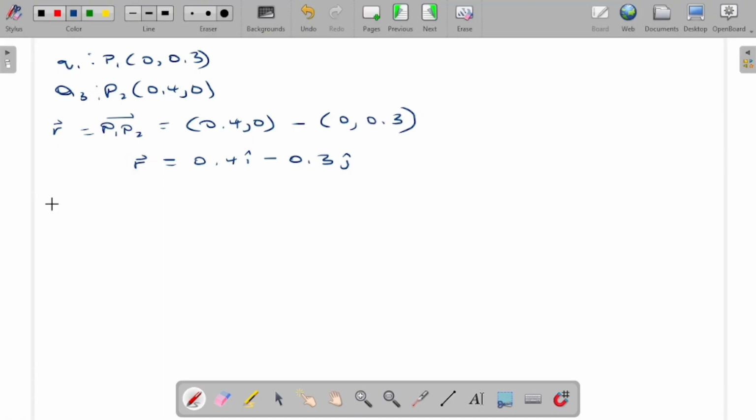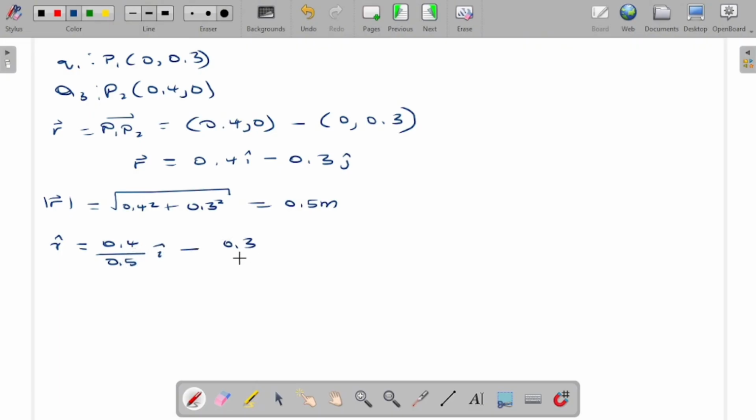So this is our vector. The magnitude, I believe, is going to be the same: 0.4 squared plus 0.3 squared, 0.5. The unit vector is going to be 0.4 over 0.5 i hat minus 0.3 over 0.5 j hat.